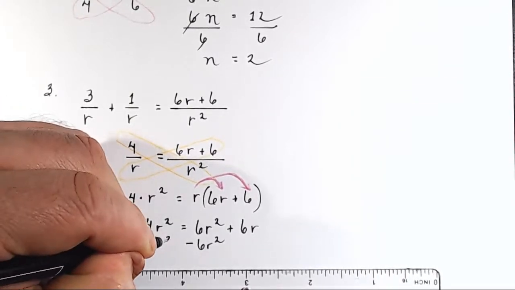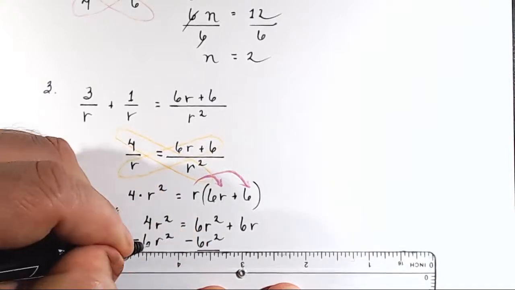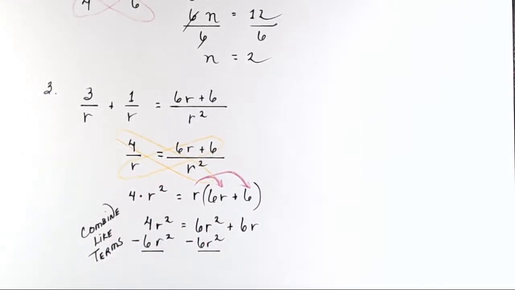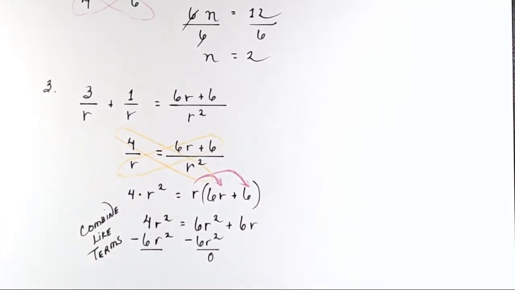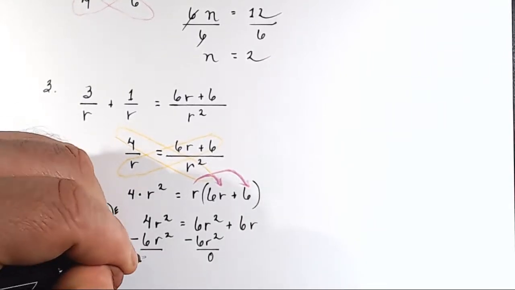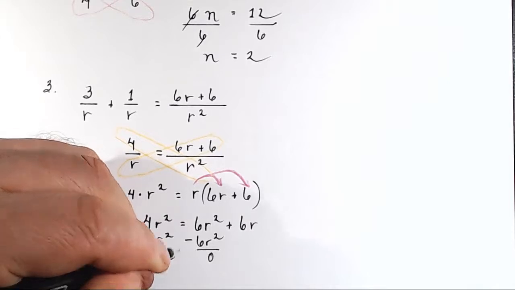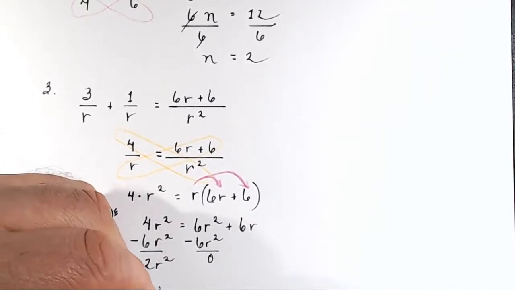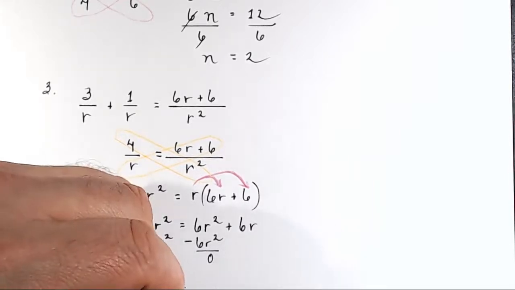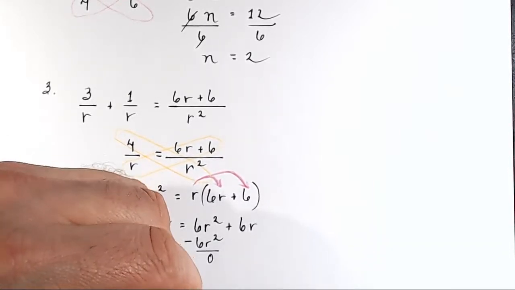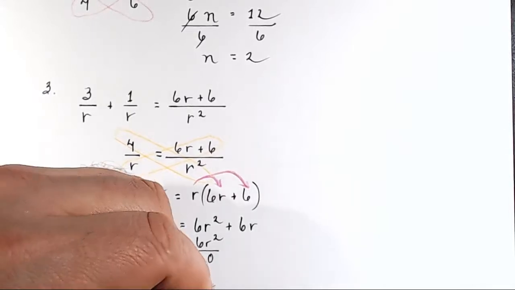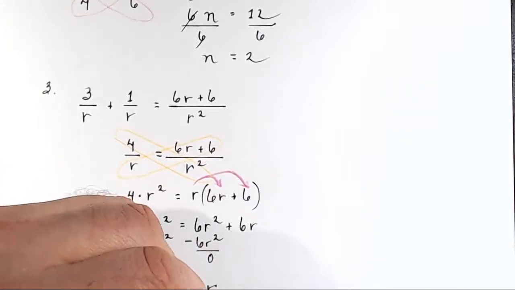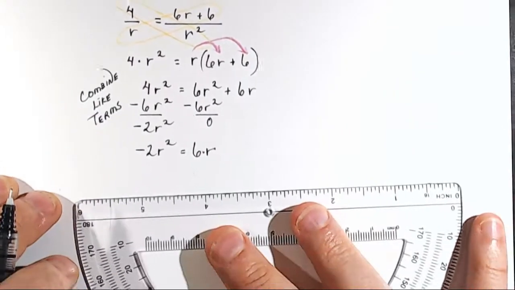On the right side, 6r squared minus 6r squared is 0. On the left side, 4r squared minus 6r squared is negative 2r squared. And so we rewrite negative 2r squared equals 6r, and remember that's 6 times r.